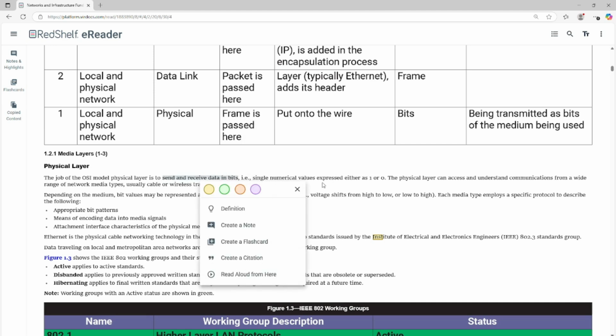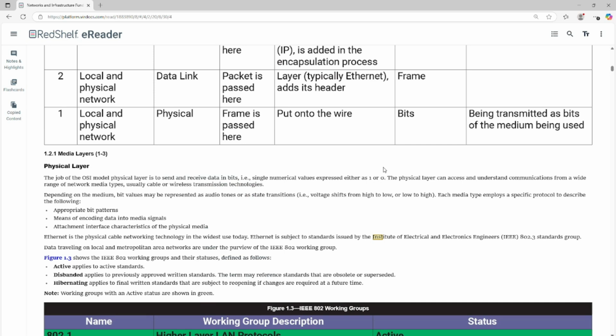And these data are actually numerical values expressed in ones or zeros. The layer can access and understand communication from a wide range of network media types. So usually the use of a cable, like an Ethernet cable, or wireless transmission technologies like 2 Wi-Fis or 2 routers that are communicating wirelessly.